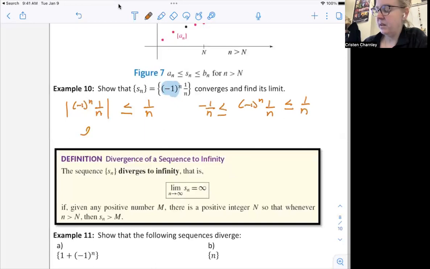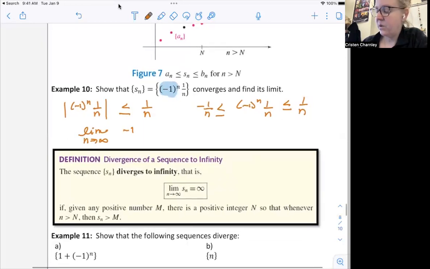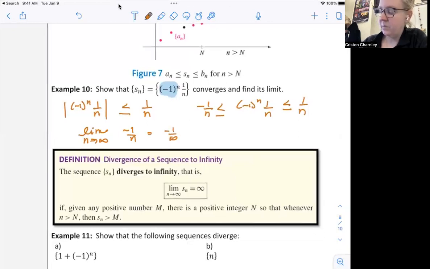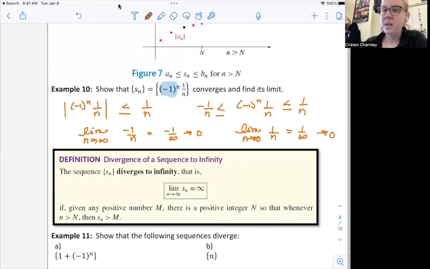The limit as n approaches infinity of -1 over n is -1 over infinity, which is 0. And the limit as n approaches infinity of 1 over n, the positive version, is 1 over infinity, which is also 0. Because both go to 0, we know that it converges, and that limit is also equal to 0.